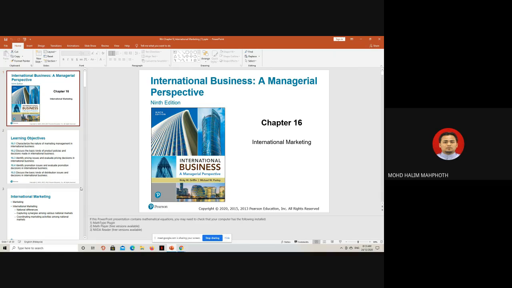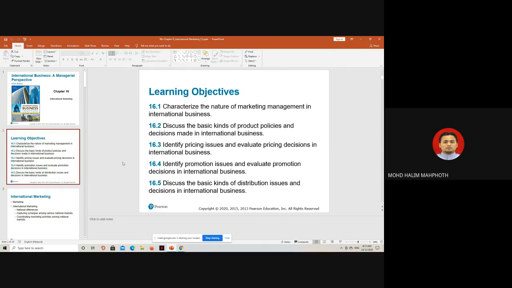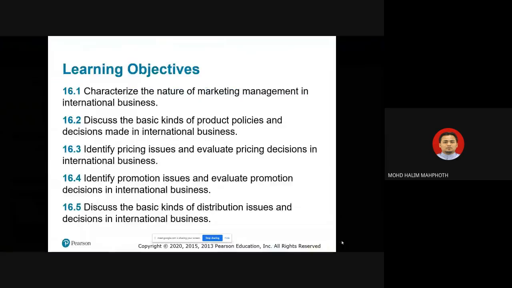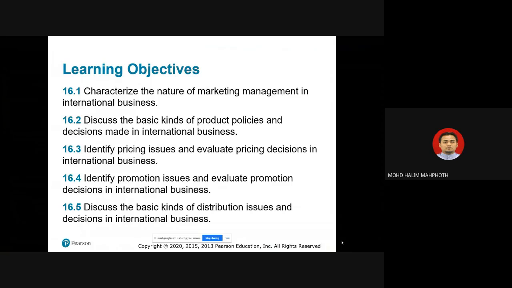Under this chapter, you will get to know the nature of marketing management in international business: can you use the similar technique you used in your local business, or do you have to customize?